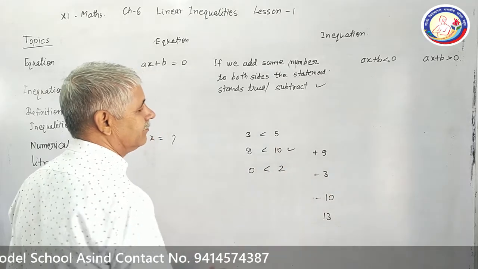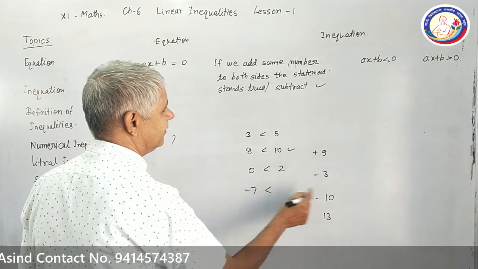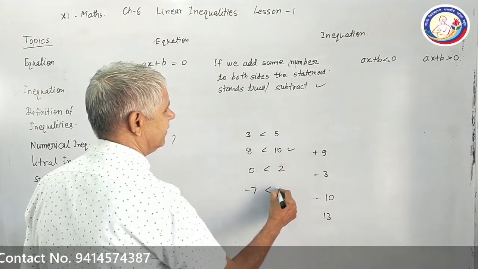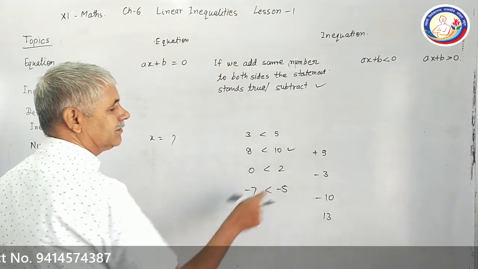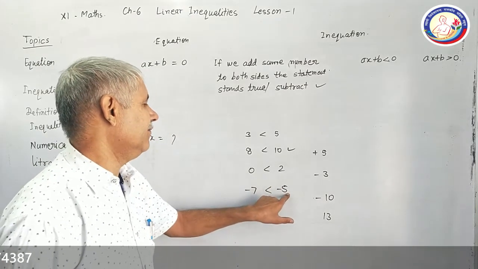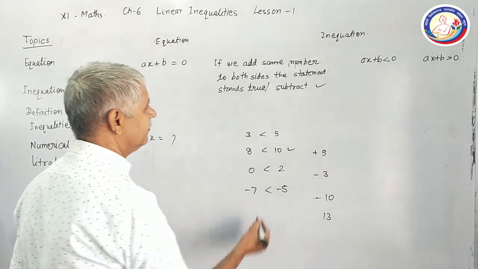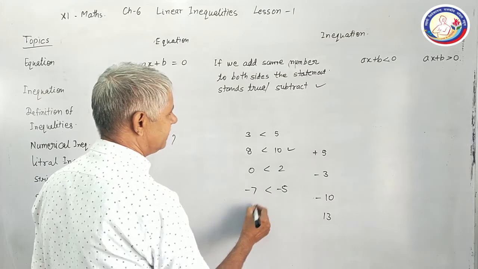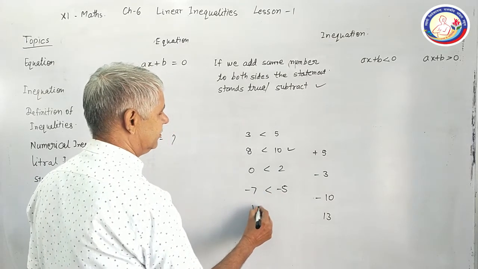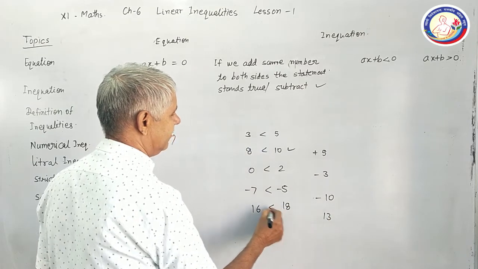Again, 0 is less than 2. If we add minus 10, this will be minus 7, and this will be minus 5. So which is greater? Minus 5 is greater. So minus 7 is less than minus 5. Again true. And in a similar way, if we add 13 to both sides, 13 plus 3 is 16, and we will have 18. So 16 is less than 18.